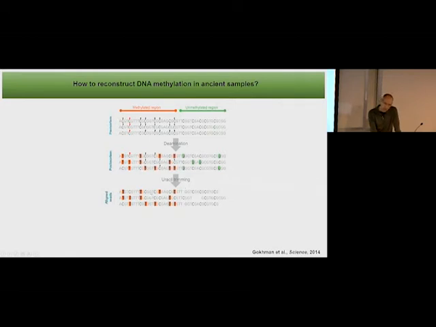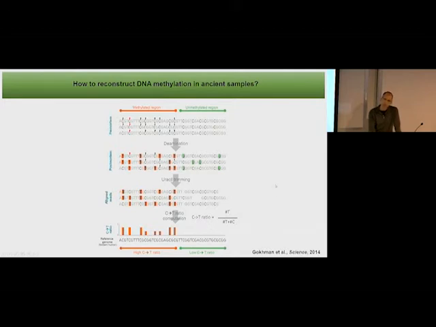So what happens is that in a methylated region, you have a very high C to T conversion ratio. And in the unmethylated region, you have a very low C to T conversion ratio. So you can basically compute this C to T ratio. And what you get is a high C to T here and a low C to T here.